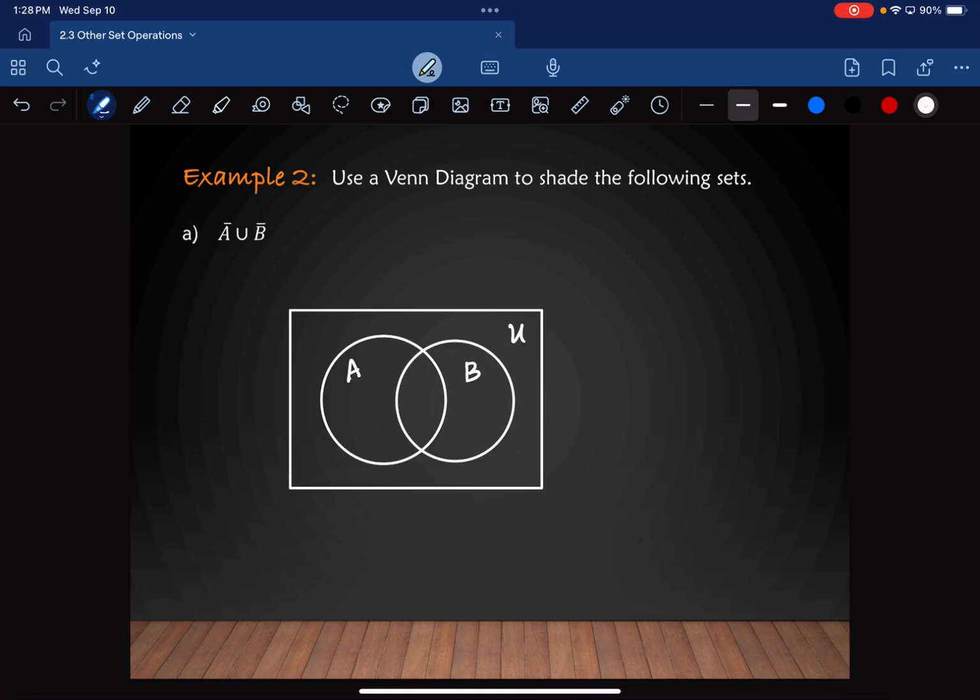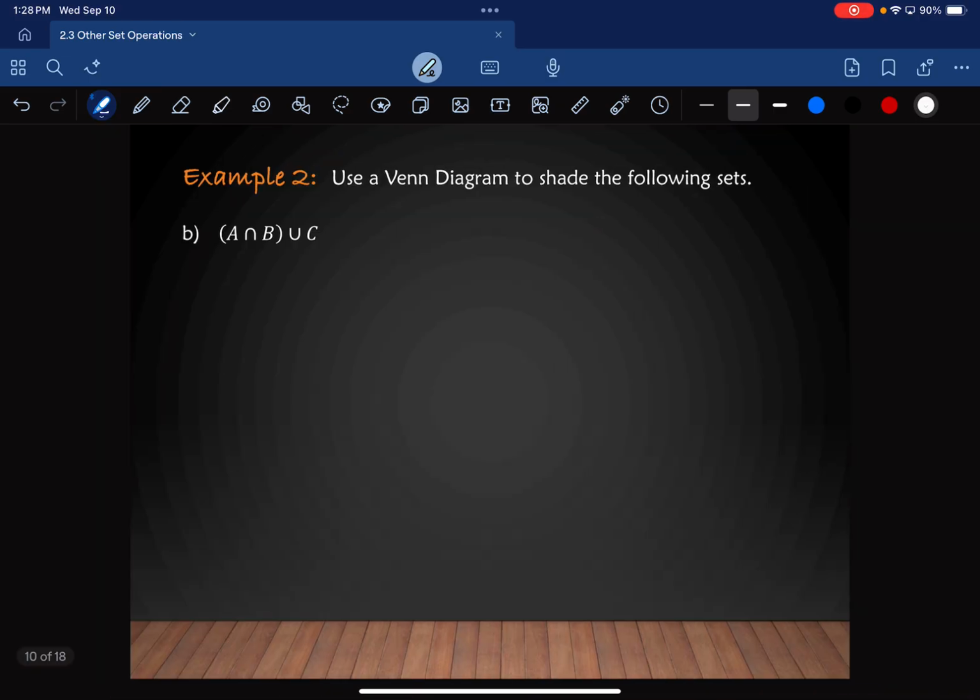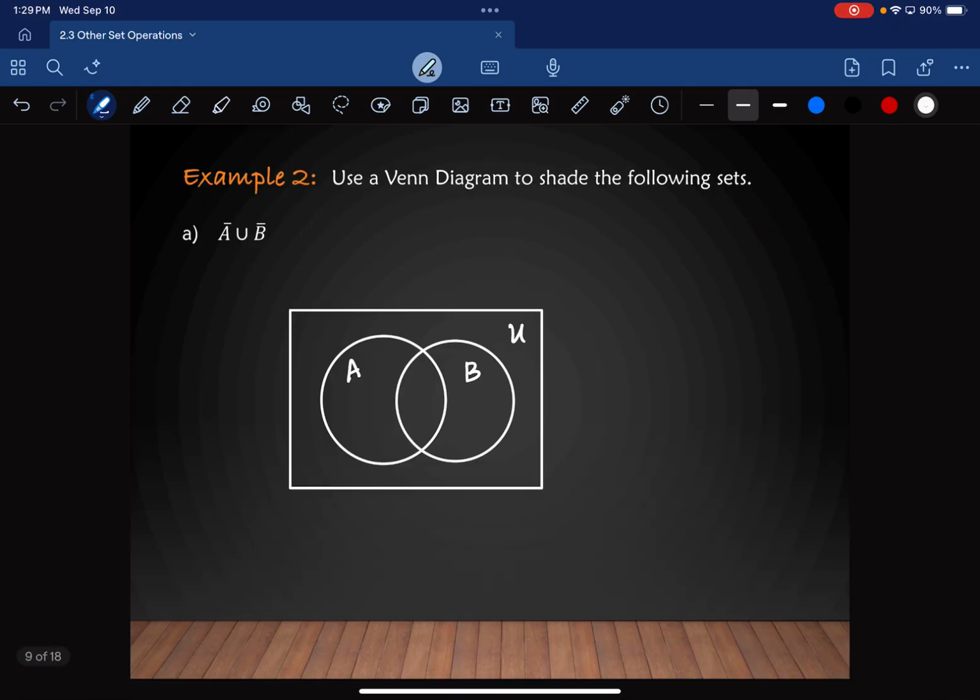What I'm about to show you is a little overkill for this example. But reasoning through it gets much more complicated when you get to 3 sets, and when we get there, we want to have something established that's going to work on everything. So I'm going to start with this one with 2 sets so that you can see how it works. Are you willing to work with me on that?